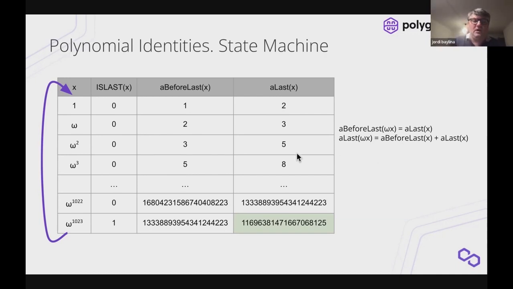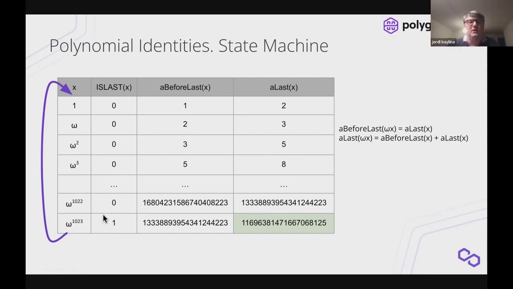And this is the condition. So how do we put that in a polynomial relationship so that we can check that this relationship is computed in parallel? Well, the idea is that we have a polynomial of degree, in this case, 1023, so one less than 1024.